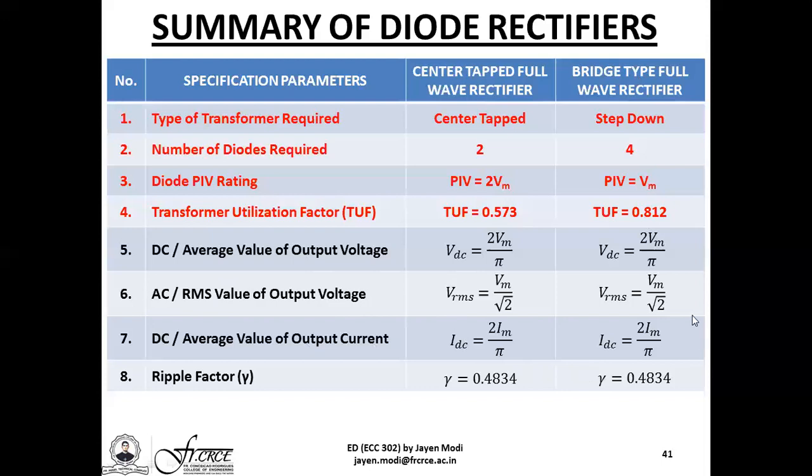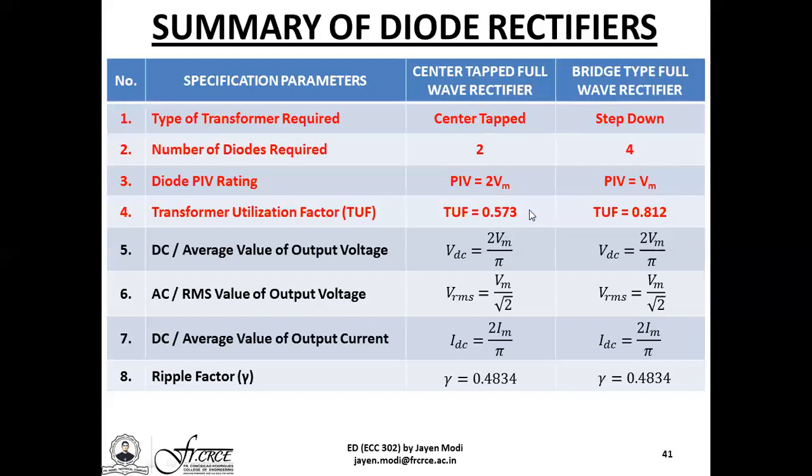From your examination point of view, if you are asked a question that differentiates, compares, or distinguishes between the two full wave types, the answer would be the first 4 points, 1, 2, 3, and 4, because these are actually different. And if you look at the bridge type full wave rectifier circuit, all these parameters make it much more suitable as compared to a center tap full wave rectifier circuit.